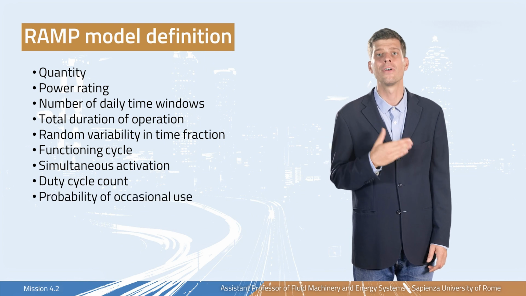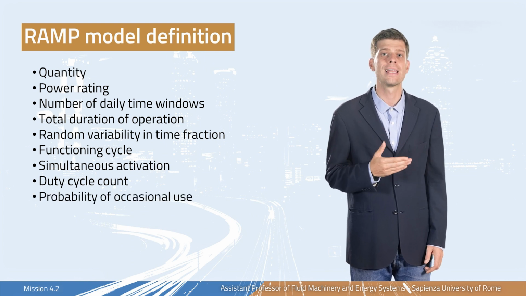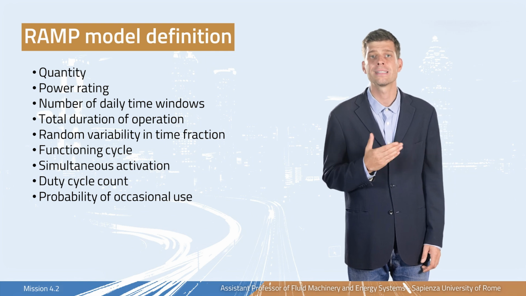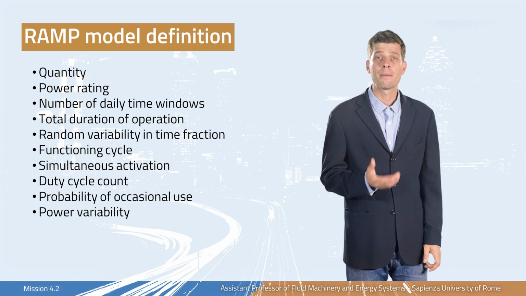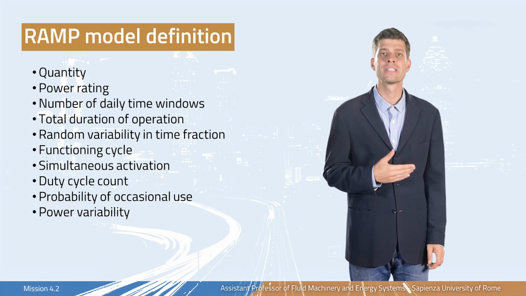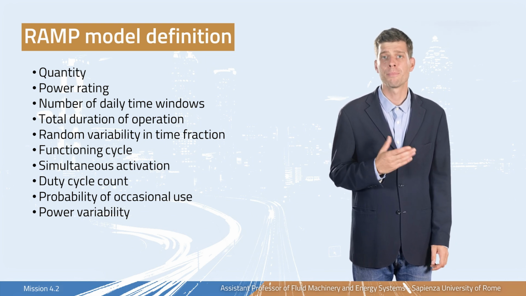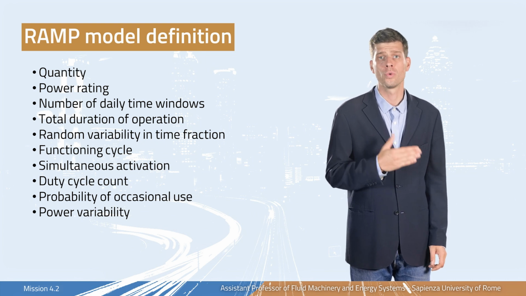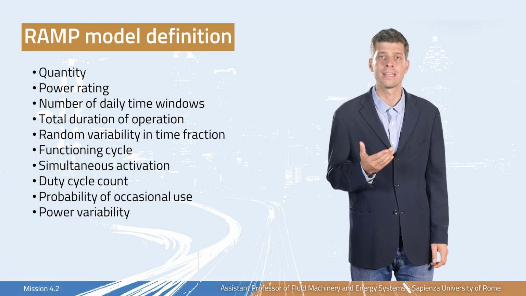The duty cycle count specifies whether the appliances operate continuously or experience varying power cycles. The probability of occasional use provides the likelihood of the appliance being utilized each day, expressed as a percentage. The power variability defines the range within which the appliance's power consumption can fluctuate. These parameters account for the variation in power usage due to different operating conditions or settings.